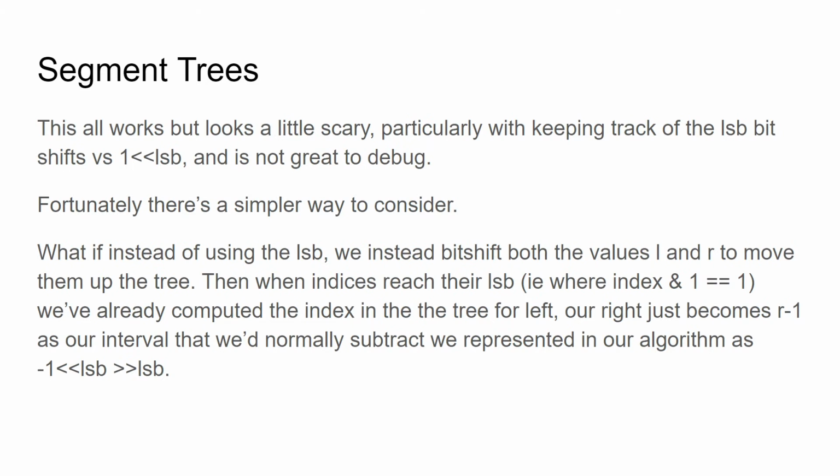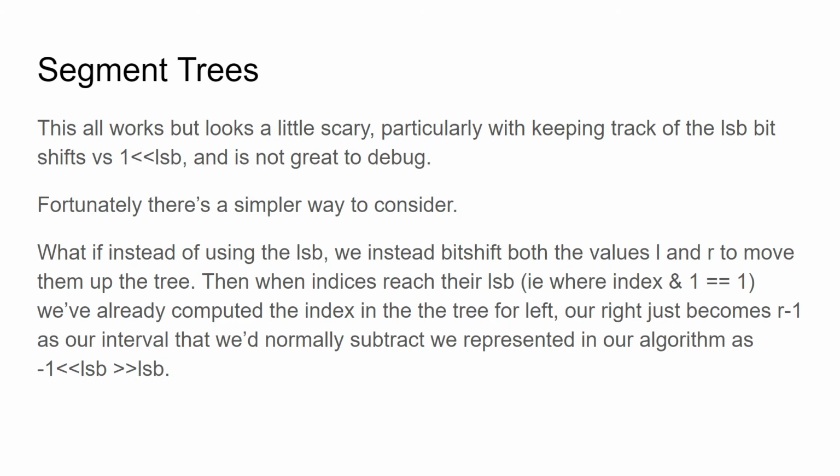So instead of using the LSB, we're going to bit shift both L and R. What that bit shift will do is move it up a layer of the tree. We cared about the LSB when we were calculating whether or not to add a value.